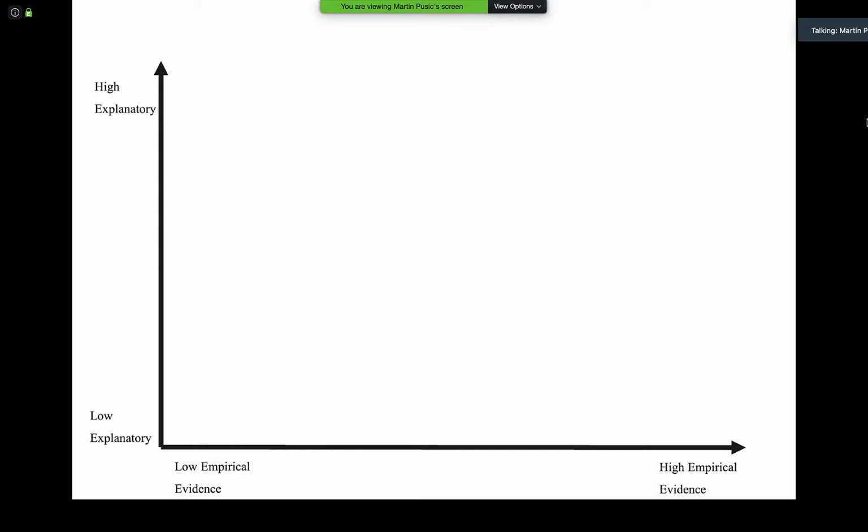And crucial to the idea of a scientific theory, on the vertical axis we can go from low explanatory power to high explanatory power. We'll come back to this grid in a bit, but I'm going to say that in the top right is where scientific theories sit. They have lots of empirical evidence for them, and they explain our world in a way that allows us to understand it better.